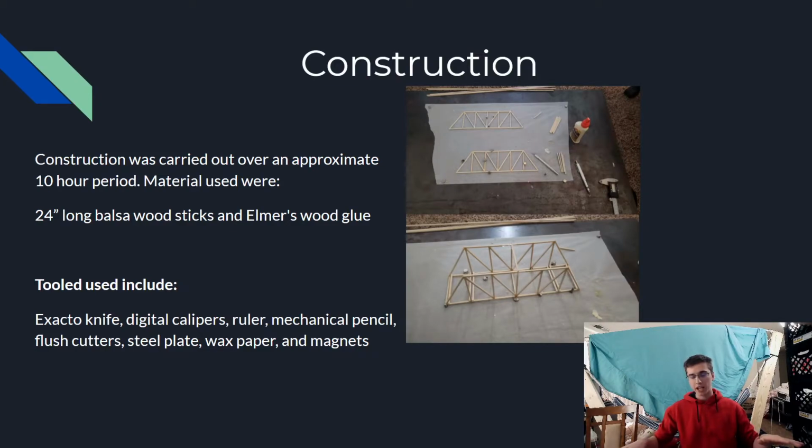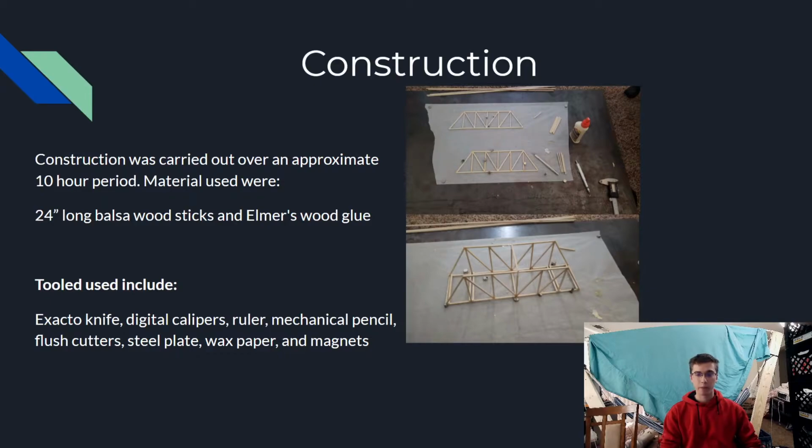Then I put wax paper so that glue would not stick to it, because glue does not readily stick to wax paper. Then I held everything down using magnets, because I have numerous magnets, and I was able to cut the pieces and place them where they need to be, glue them, and then hold them together with magnets. And this also worked well for when I turned the 2D sides 3-dimensional and just held them up with magnets. And I was able to keep everything square and very nice.